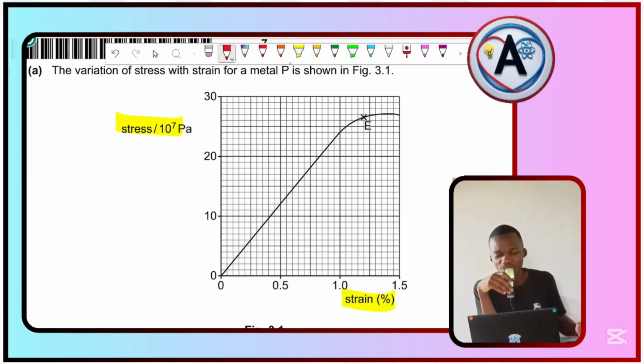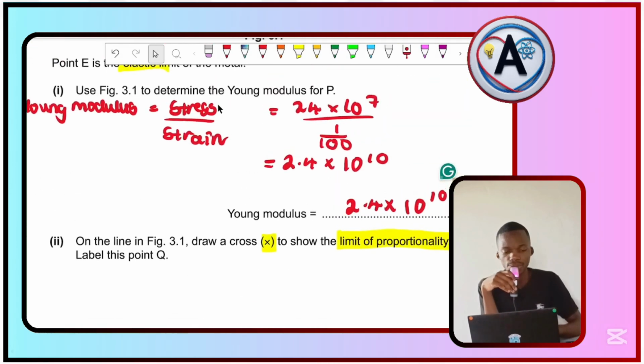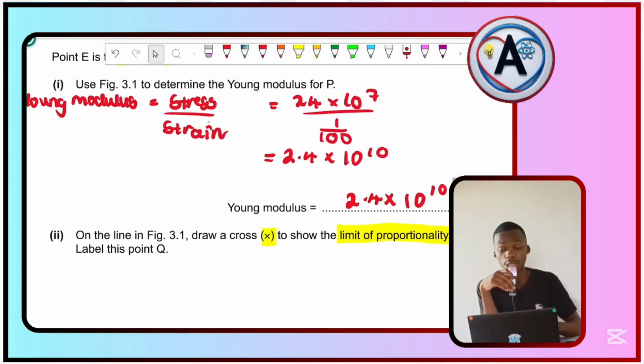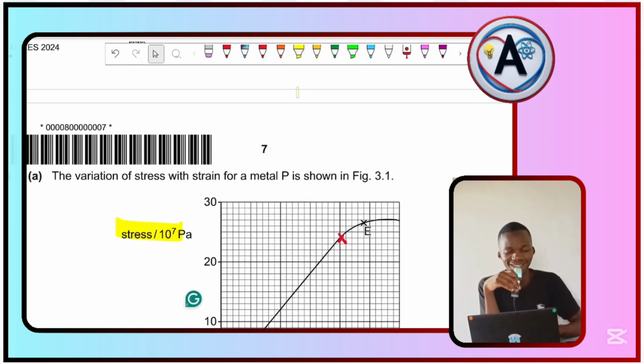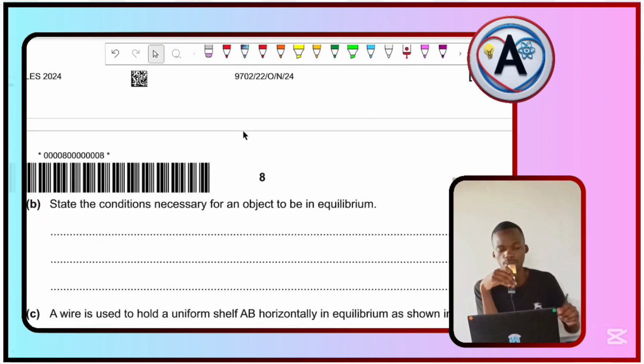The little dot that I put over there, that's actually where it ends. If I put an X here, because after that, we have this kind of weird relationship happening where it's no longer proportional, as you can see. So I label this point Q. Follow instructions. You're about to be like me, right? I didn't follow instructions here. So you have to label your point as Q. So I go here and I label my little point over here as Q.